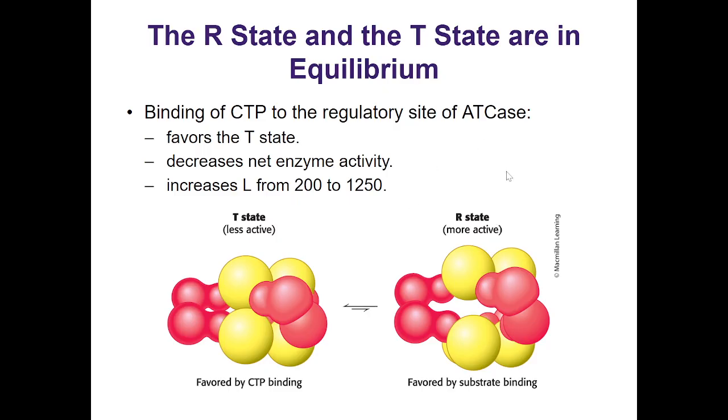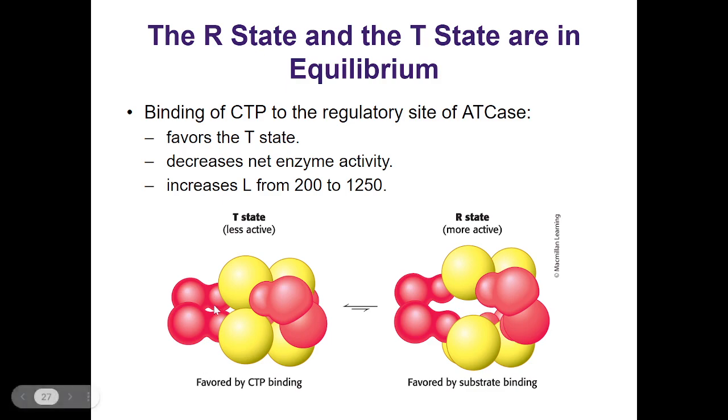The increase from L is from 200 to 1,250. And so this is one of the reasons why I'm always using active, less active, more active state, rather than inactive. Notice that difference in terminology?